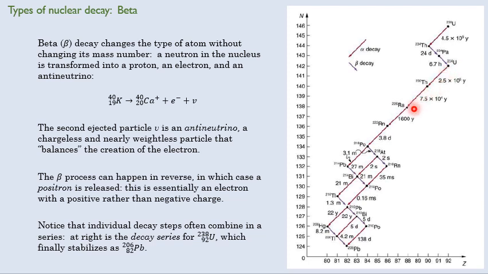And then we can go through a bunch of different alpha decays and eventually get down to an element that's quite different than the one we started from. These numbers here are our half-lives, and we'll talk about those next time. But essentially, it gives us a sense of how long it takes for this decay to happen.